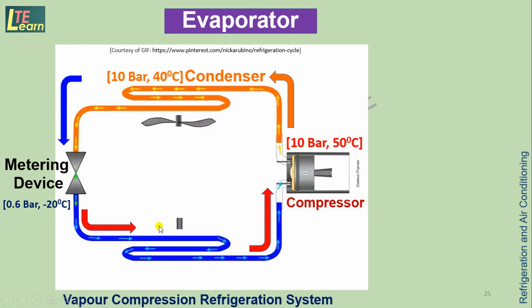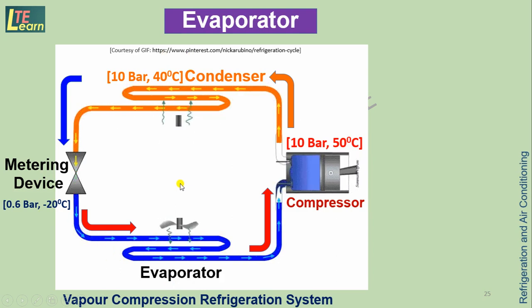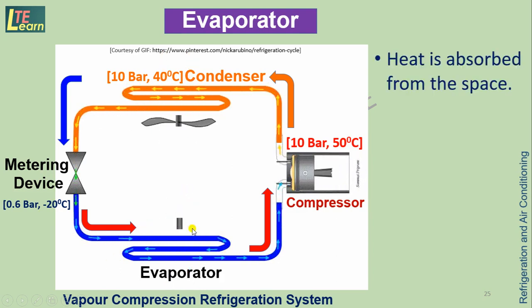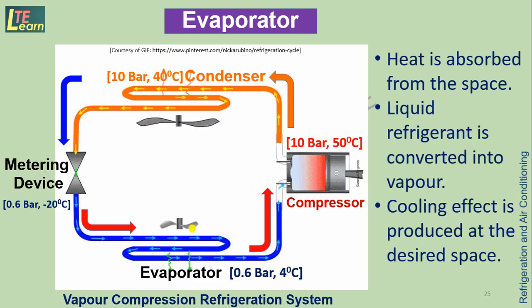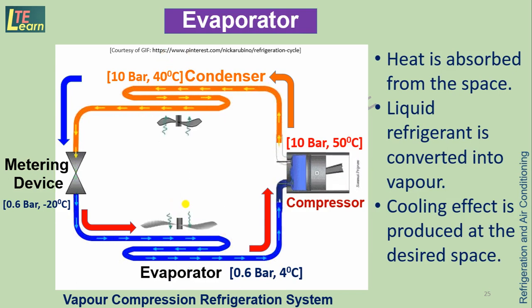So here, this low temperature and low pressure liquid refrigerant is absorbing heat from the space which is in the evaporator, and thus it is converted into vapor. So cooling effect is produced at the desired space in the evaporator, and the cycle is completed here.